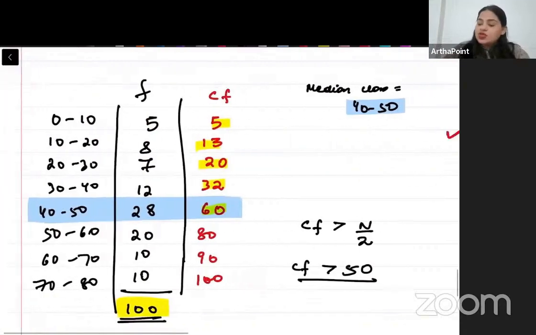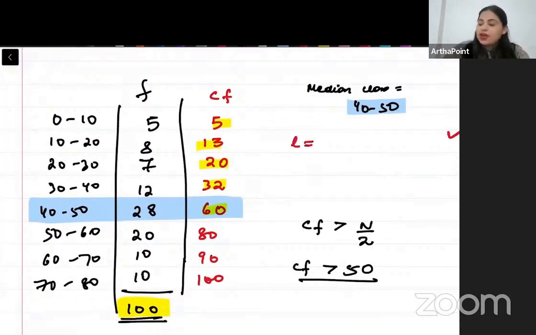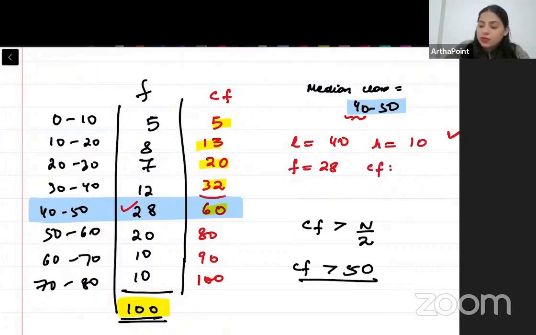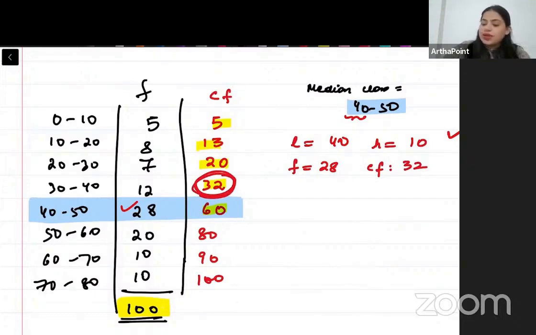Okay. So median class is 40 to 50. So L will be 40, the lower limit. The frequency of the median class is 28. The class width is 10. And in the formula we take the cumulative frequency of the previous class. So the previous class's cumulative frequency is 32. Just put this in the formula and you should be able to get the median.